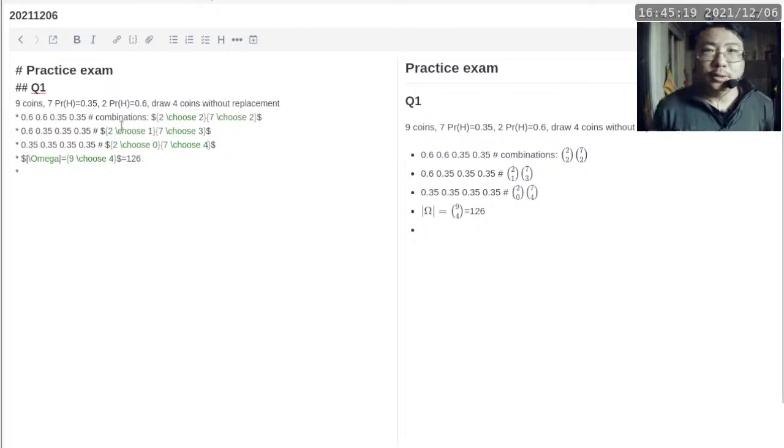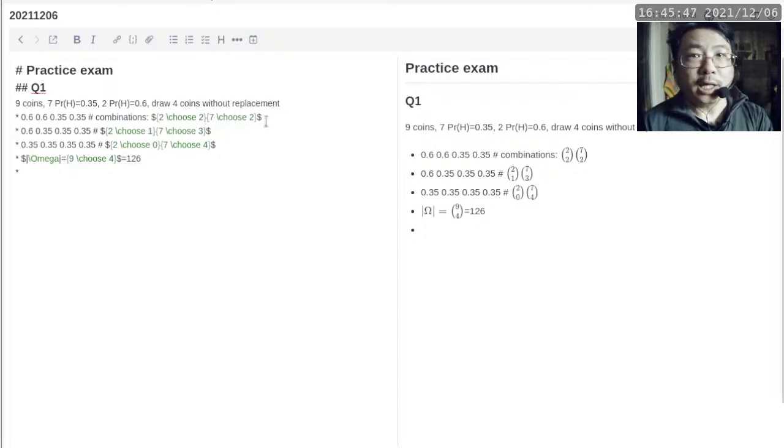All right. So now that we know how many ways we can do a certain thing, as it turns out, this omega is not really that useful, because our probability is limited to just picking 4 coins out of the 9. So this number here, the 126, is not terribly helpful to us. But it does give us a sense of what these numbers should be.